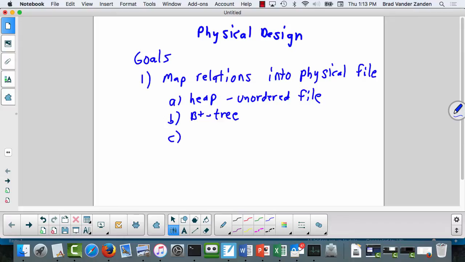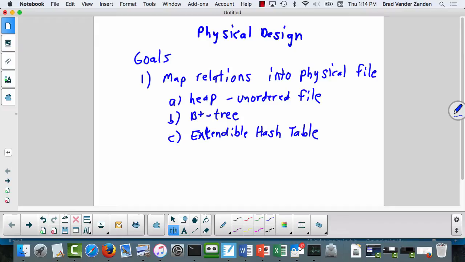The second type is a B+ tree, which is a variation on the binary search trees. And the third is extendable hash table, which is a variation on hash tables. So basically, there are three types of physical file organizations you might use for relations. We're going to talk about B+ trees and extendable hash tables later in the lecture and on Tuesday. Heaps are pretty easy.